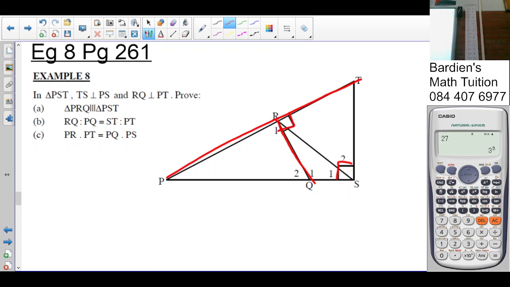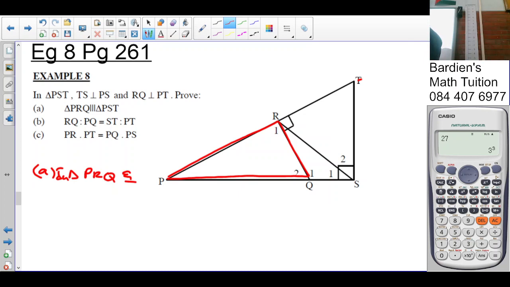The question says prove that triangle PRQ is similar to triangle PST, the big triangle. Okay?